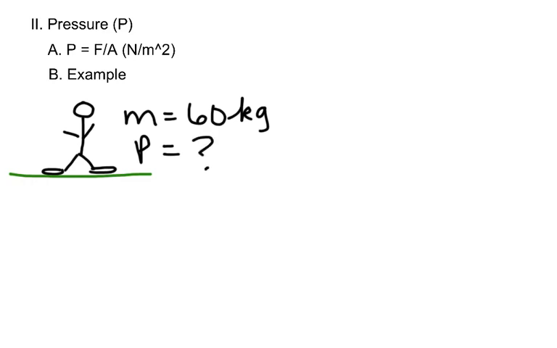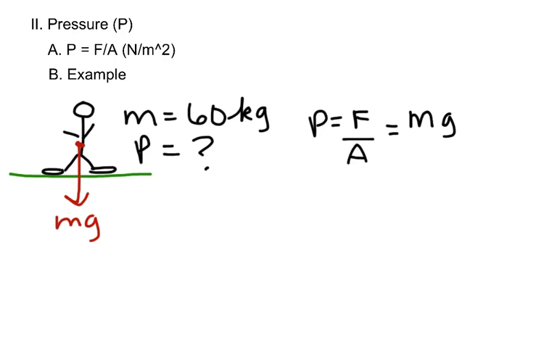Let's draw a free body diagram of what the person does on the ground. So the person has a weight down. And we know that pressure is equal to force over area. In this case, the force that this person is applying on the ground is this person's weight, divided by the area of the person's feet.